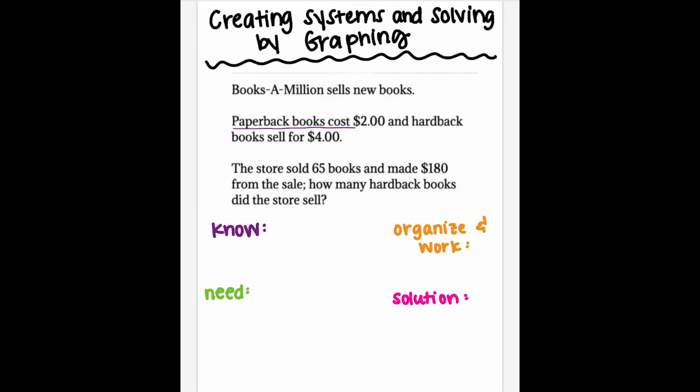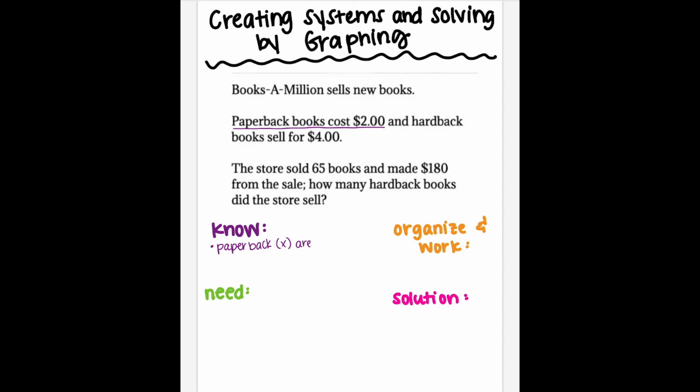So we know a few important pieces of information. We know that there are paperback books that sell for $2 each. And since we are solving a system, we can tell from the setup of this word problem that it will be a system of equations. So we need to assign a variable to each item.